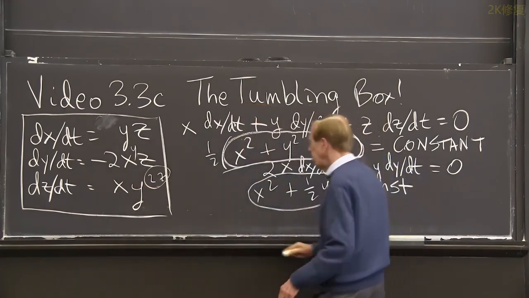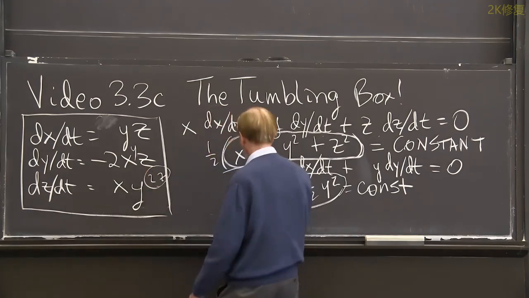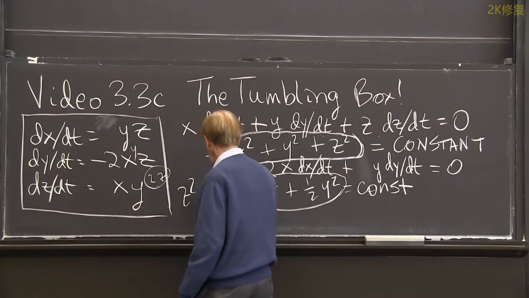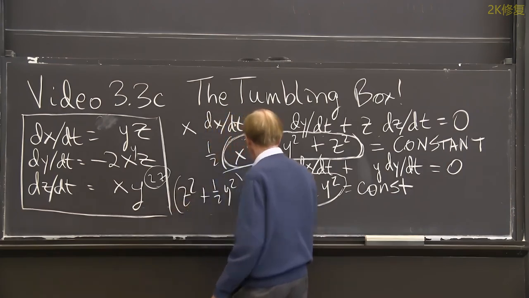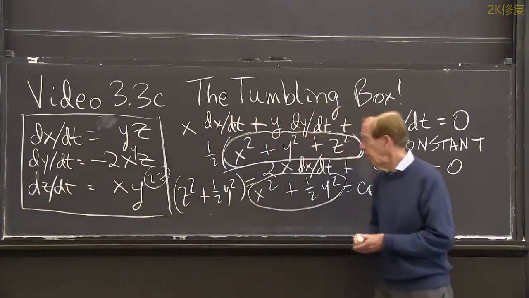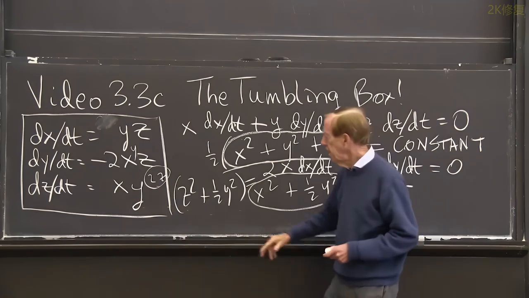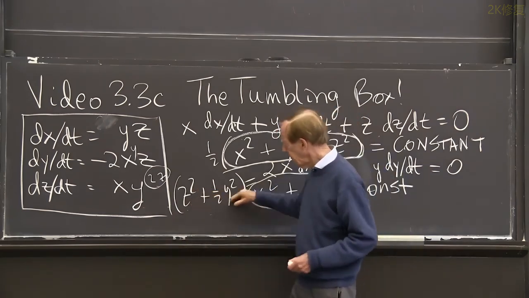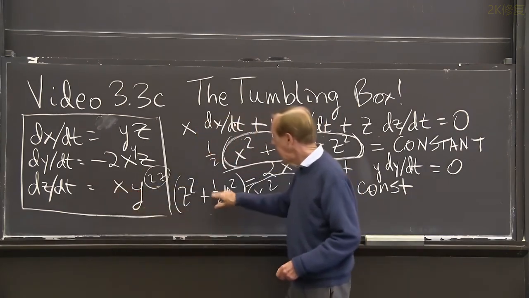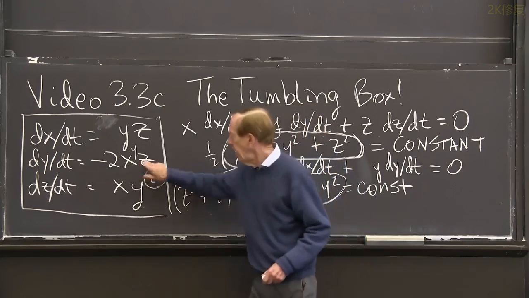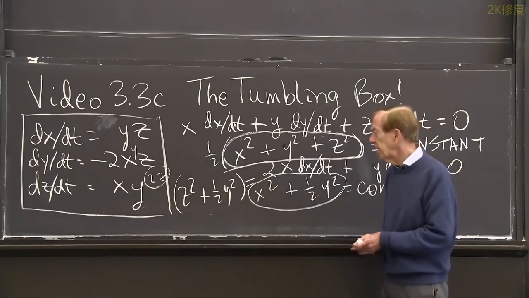So that also tells me that z squared plus 1/2 y squared equals a constant. That's another ellipse. Do you see this? If I take the derivative of that, I have 2z times dz/dt plus y times dy/dt. Adding gives 0. The derivative is 0. The thing is a constant.